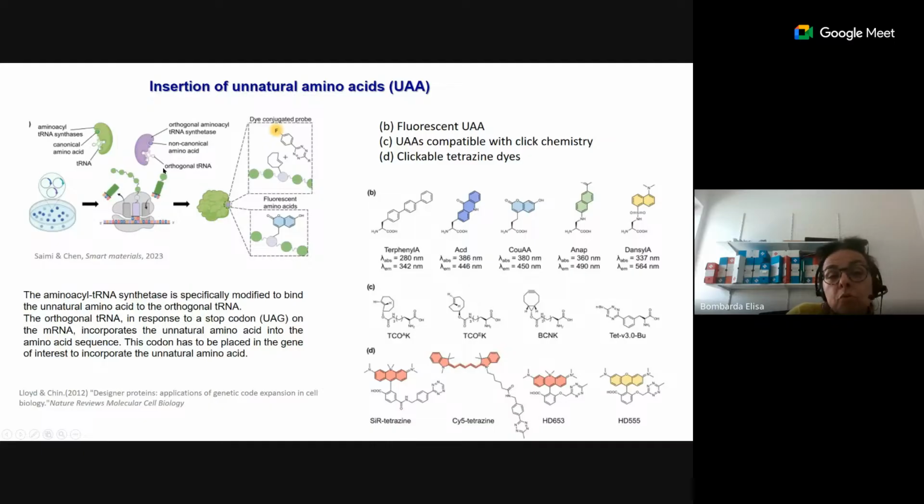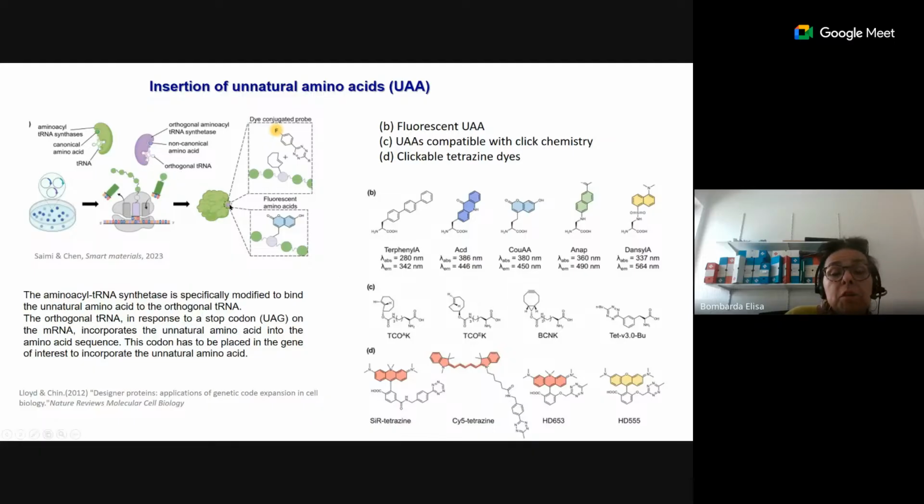It is practically using the machinery of protein synthesis, but inserting, as a consequence, an unnatural amino acid.